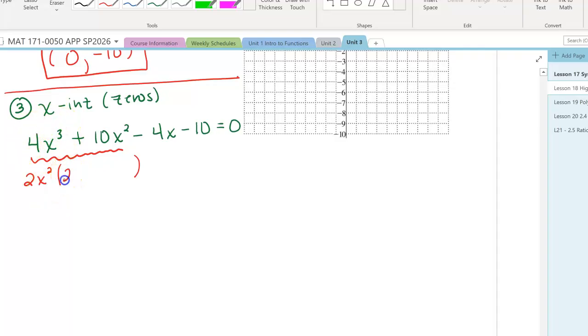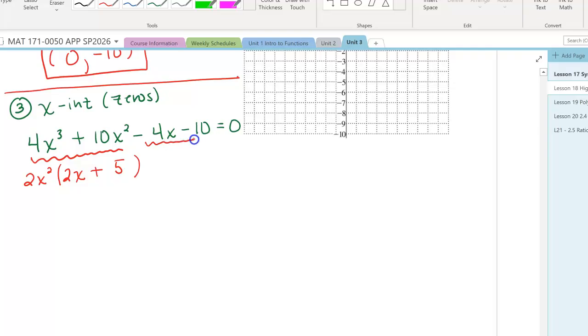The answer is 2x, because 2 times 2 is 4, and x squared times x is x to the third. And then what times 2x squared will give me positive 10x squared? That is plus 5, because 5 times 2 is 10, and then you have your x squared.